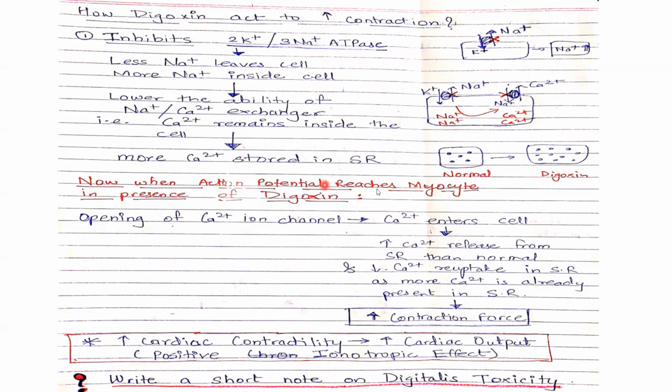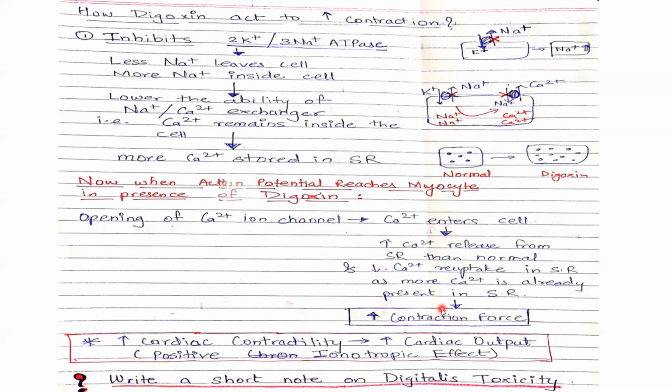And now when the next action potential reaches myocyte, in presence of digoxin, opening of calcium ion channel, calcium enters the cell. Increased calcium is released from the sarcoplasmic reticulum than normal because there is lot of calcium present than normal, and decreased calcium reuptake in the sarcoplasmic reticulum as more and more calcium is already present in the sarcoplasmic reticulum.